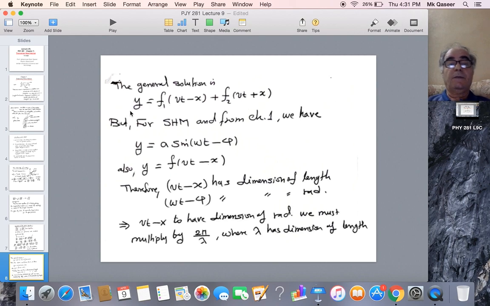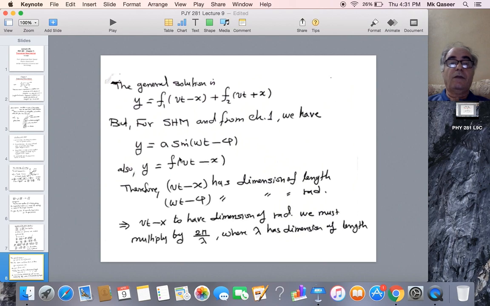Now, let's recall that for simple harmonic motion, which we did in chapter 1, we found that y is given by the expression a sine of omega t minus phi. Now we're assuming that y has this expression f of vt minus x.